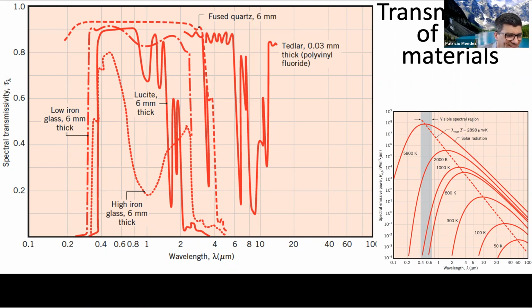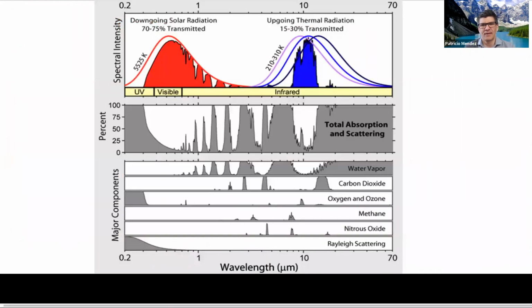So let's talk about global warming a little bit. Here, we have the same curves. We know this is the spectrum, and this is the energy coming in from the sun. And of course, the sun is not a black body, so we get to see some deviations from a black body.